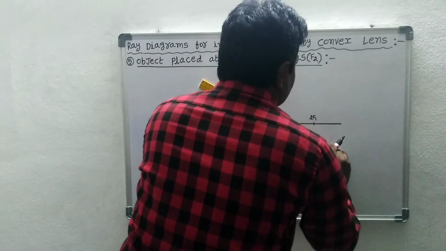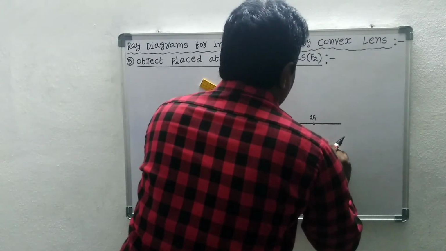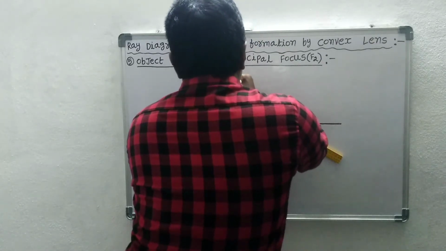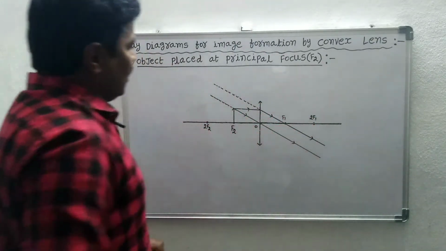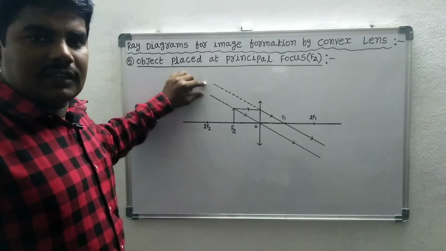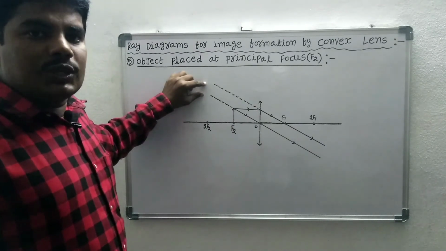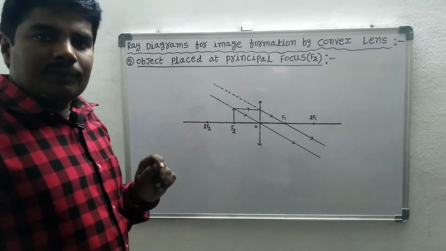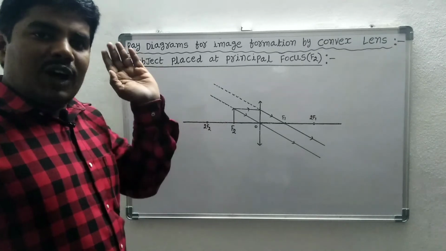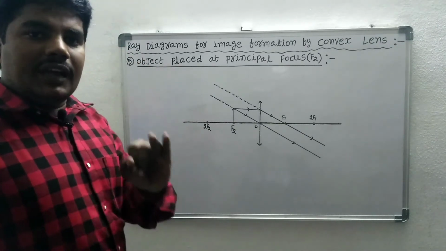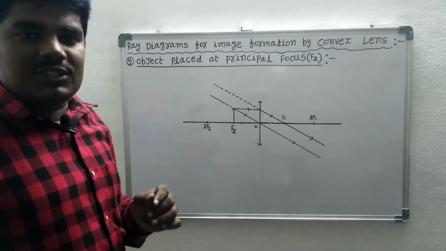Here also we extend this light ray in the backward direction. These two are again parallel. Parallel means they do not intersect. So we can assume the image is formed at infinity. For the image formed at infinity, we do not discuss the size and nature of the image.